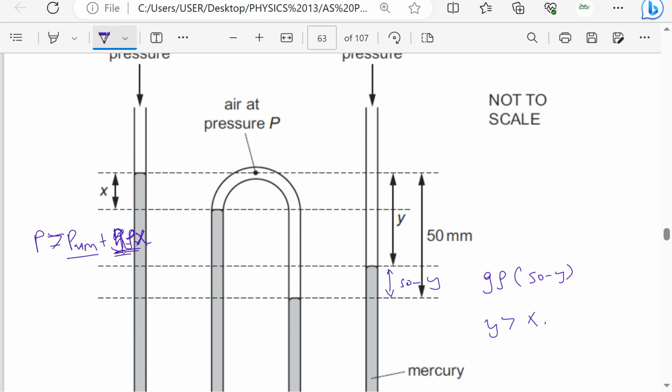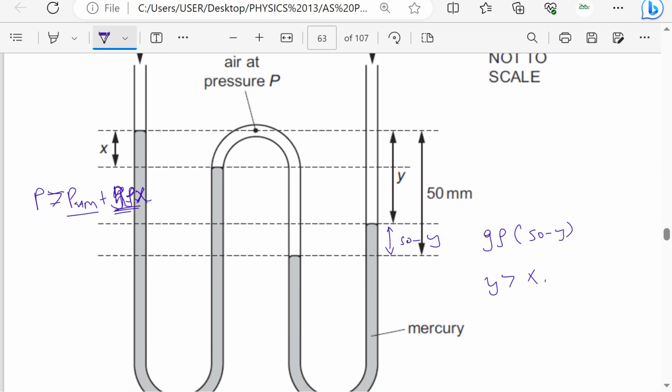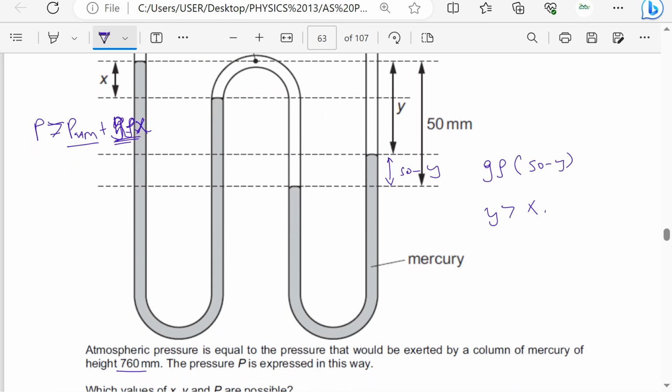The value of P is going to be above the pressure due to mercury by a certain value, which on this side is approximately 20.